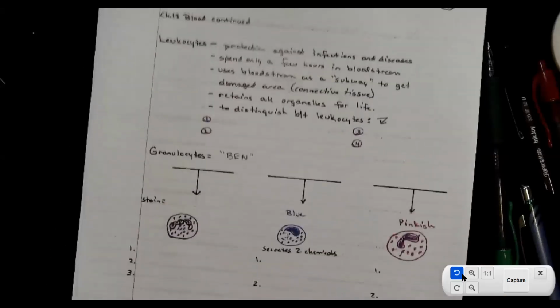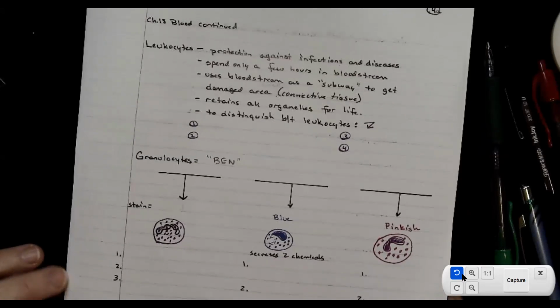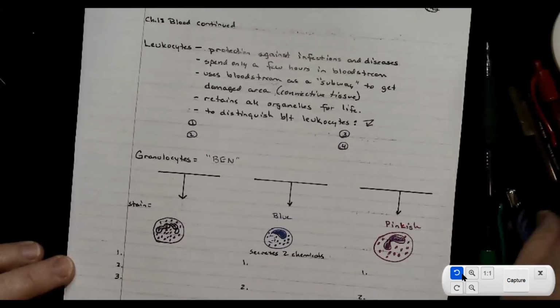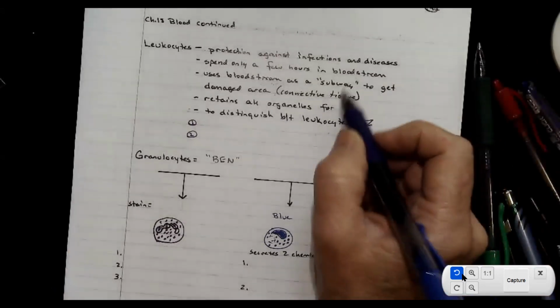Here we go. And let's go over some of this information. So basically, the leukocytes are cells that provide protection against infection and diseases.